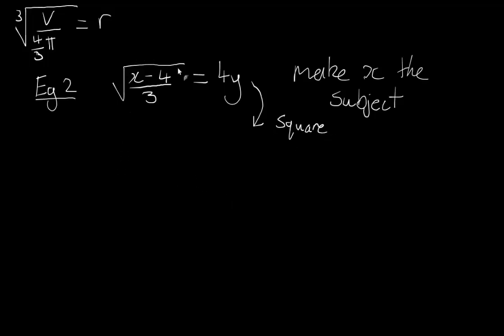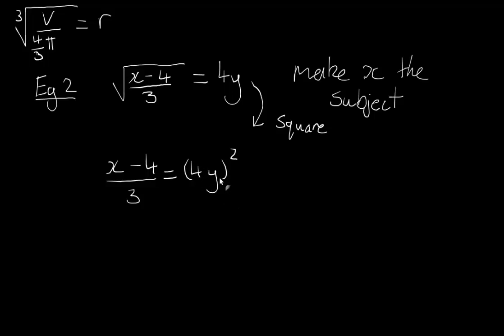So that will give us, well, we're going to get rid of the square root. So x minus 4 over 3, and then squared, so this bit is going to become (4y) squared, like that. And the reason I've done it in brackets is it's not 4y squared with just the y squared, it's the whole thing squared.